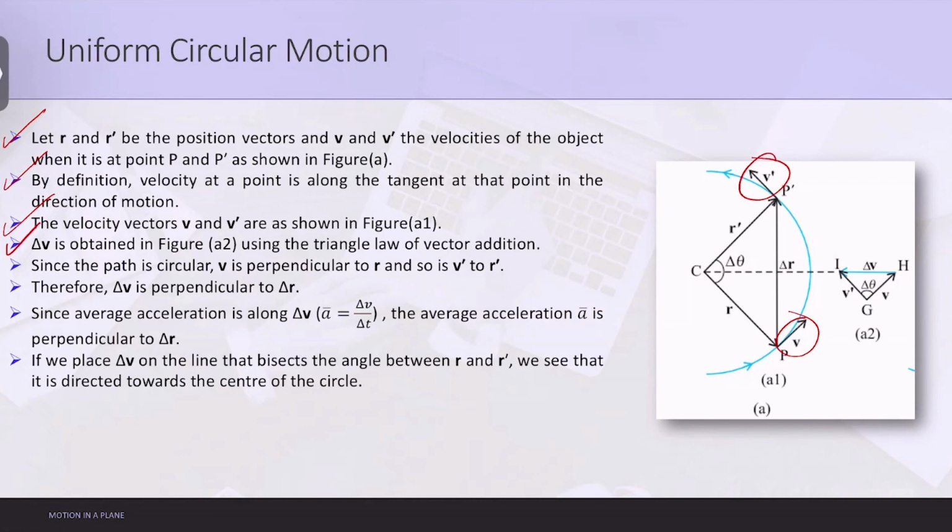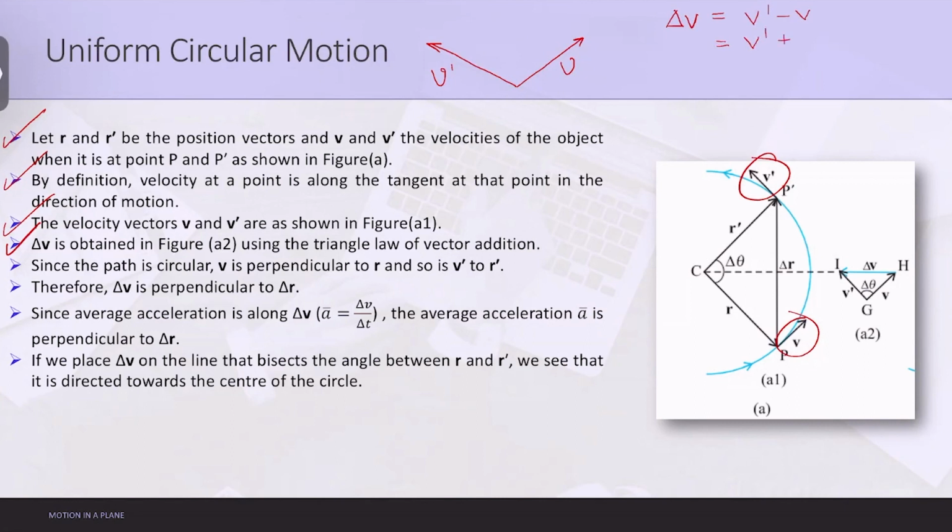Okay, so how is it obtained? Let us look here. There was some velocity V in this scenario, and similarly there was some velocity V dash in this scenario. Correct? Now what is basically delta V? We know delta V is final minus initial, so it's V dash minus V. Correct? So if we need to calculate this V dash minus V, how can we calculate it?